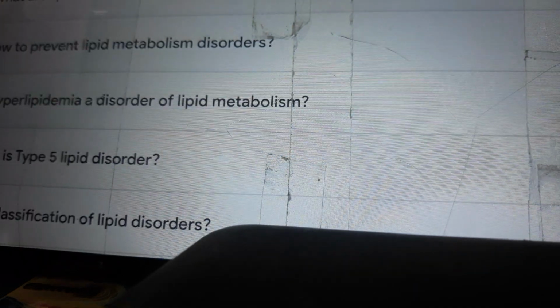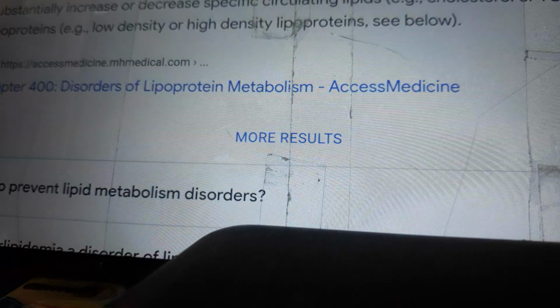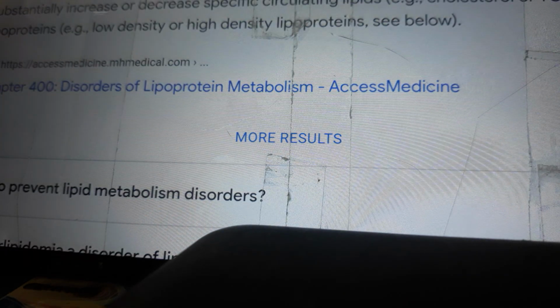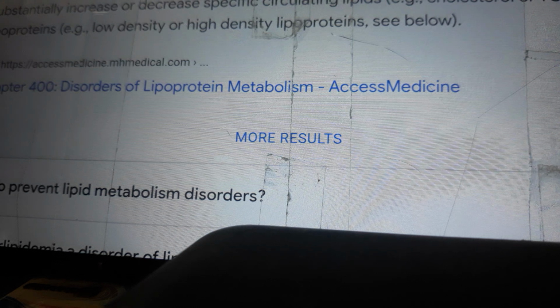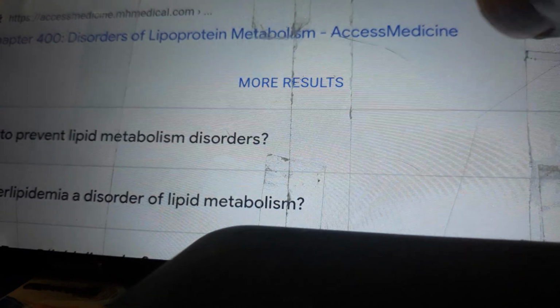What are lipids and disorders of lipoprotein metabolism? Disorders of lipoprotein metabolism include primary and secondary conditions that substantially increase or decrease specific circulating lipids, for example, cholesterol or TGs, or lipoproteins, for example, low density or high density lipoproteins. Right?